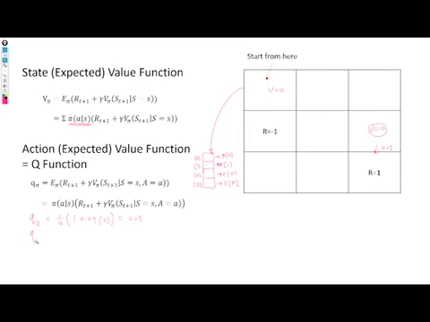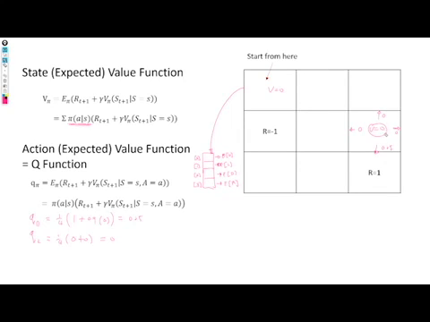Then let's look at moving left, which is simply going to be 0 plus 0, 0. So the Q value of moving left will be 0, and for the same reason going up will be 0, and moving right is going to be 0 as well, because it's just a boundary there, so it's going to return no value.